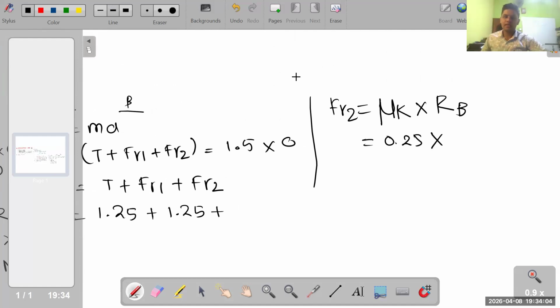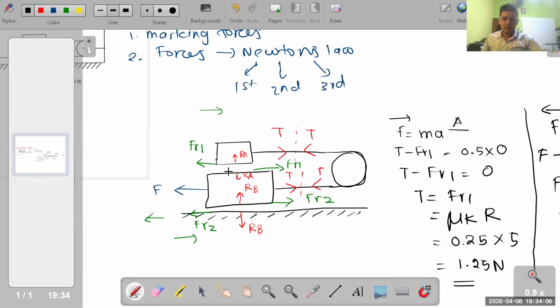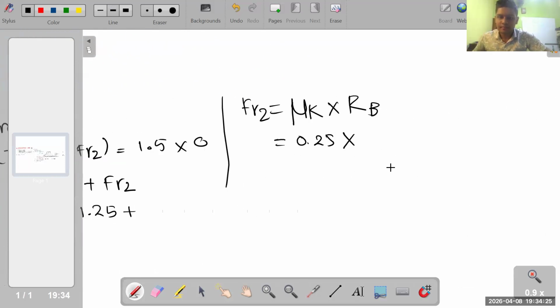For RB, let's see the force exerted due to the weight. 0.5 kilo from the top means 5 Newton from the top mass, and here it will be 10 Newton. So totally 15 Newton.